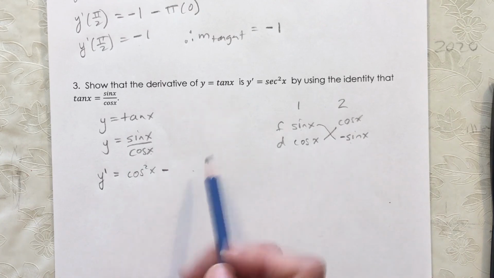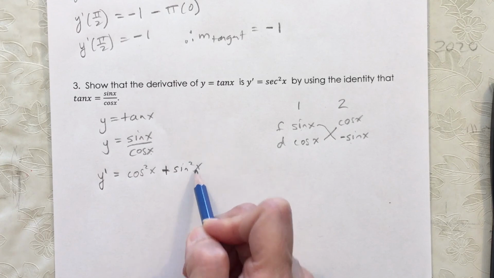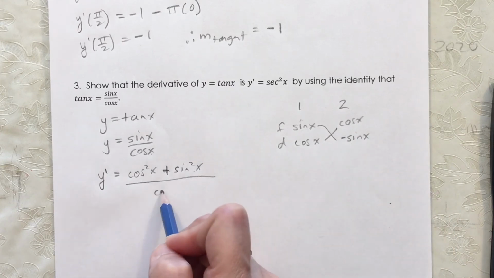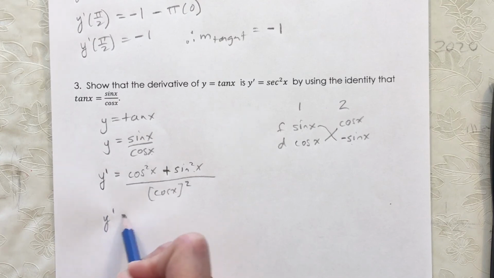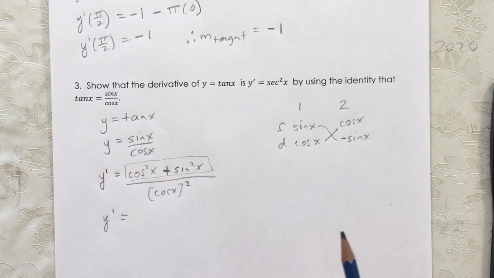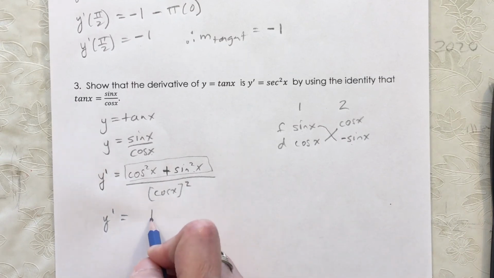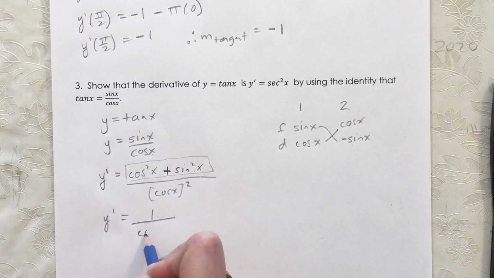But if you're subtracting a negative, you'd be adding, all over the second, which is cos x squared. And then our most famous Pythagorean identity is that cos squared x plus sine squared x is 1. So the numerator is 1. The denominator I can write as cos squared x.